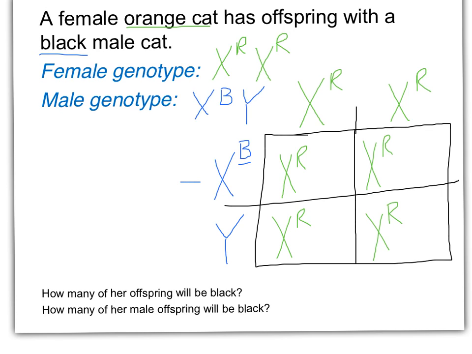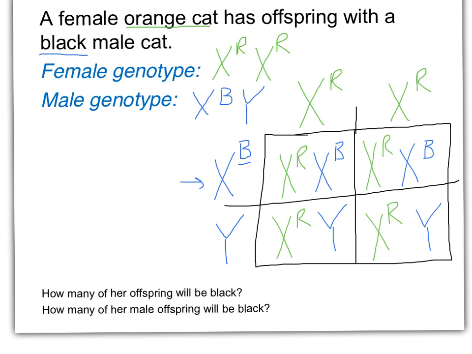The male is going to give his black allele to all of his daughters, and he's going to give his Y to his boys. So when I look at this chart, all the green is mom. Mom's given every offspring an orange allele, and dad's given every offspring what I wrote in blue, either a black allele or a Y to make a boy.